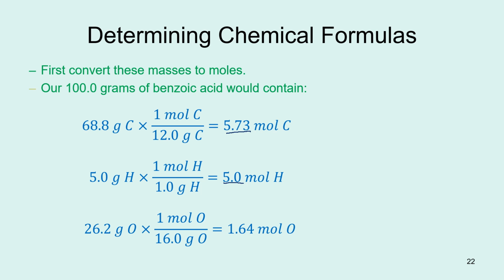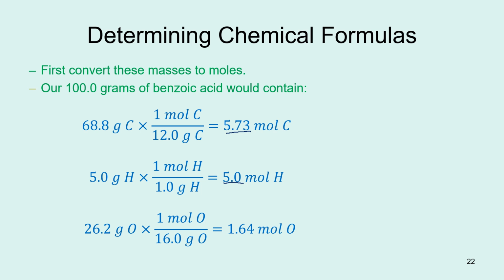It really is making just a slight difference. So it's not critical if we divide it by 1.01, we'd have 4.95. So close enough. They all should round pretty close to whole numbers. Okay, and then 26.2 grams of oxygen divided by 16 gives me 1.64.